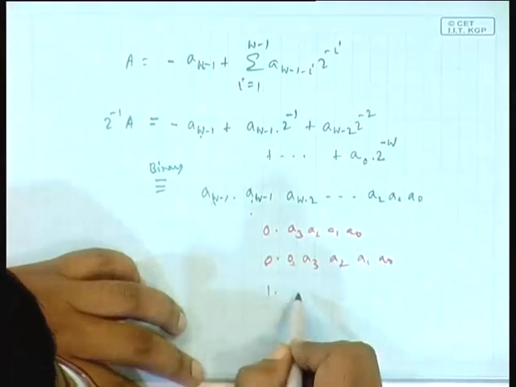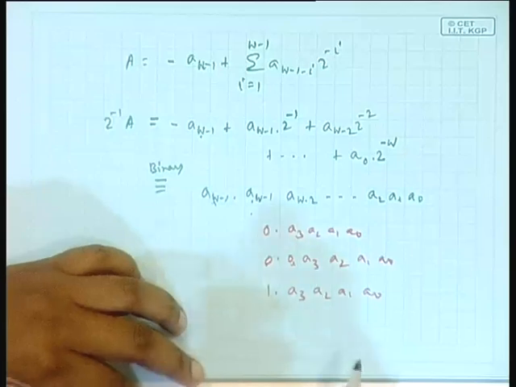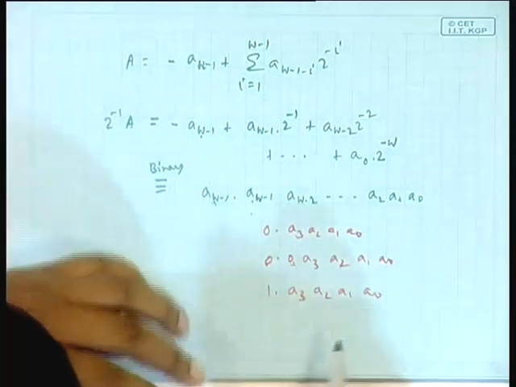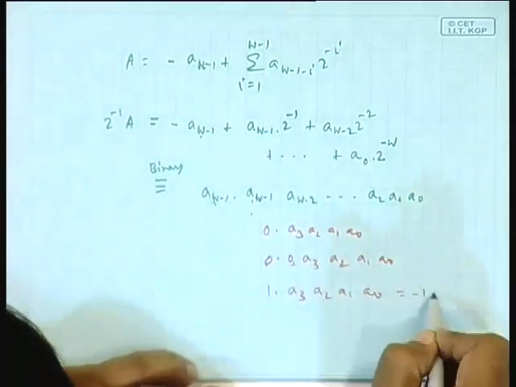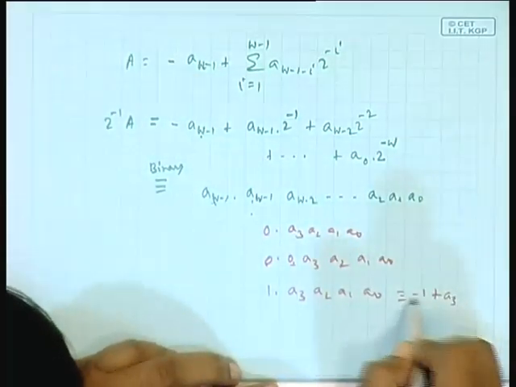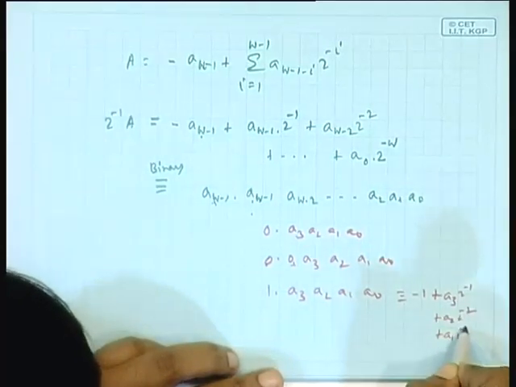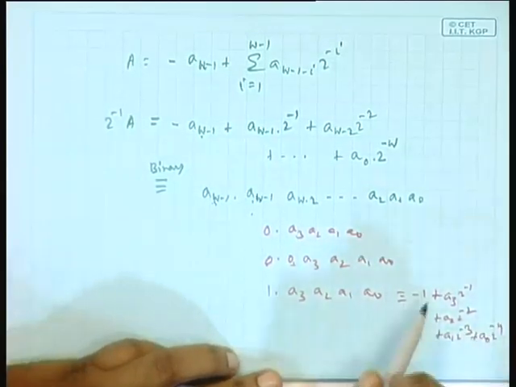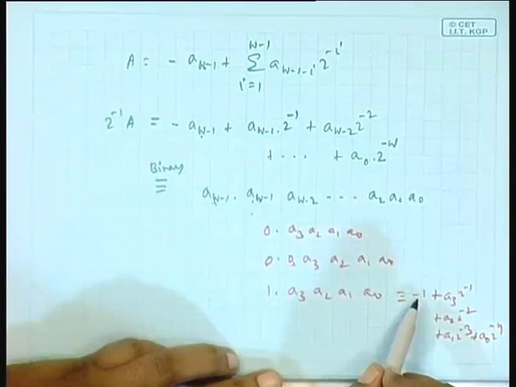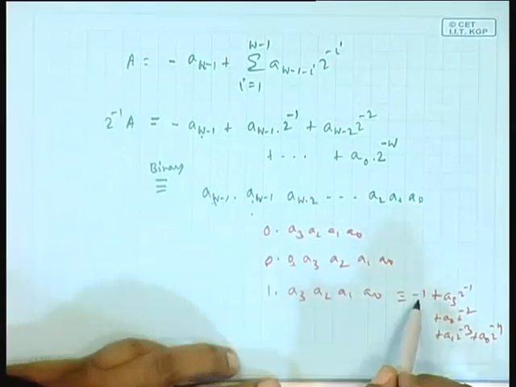If it is a negative number, you divide by 2. What is the value here? There is simply minus 1 plus A3 2 to the power minus 1, A2 2 to the power minus 2 plus so on. Divide by 2, it becomes minus half, which you can write as minus 1 plus half.